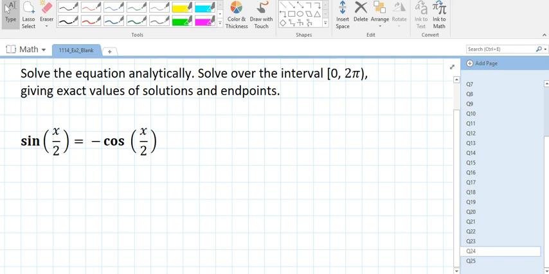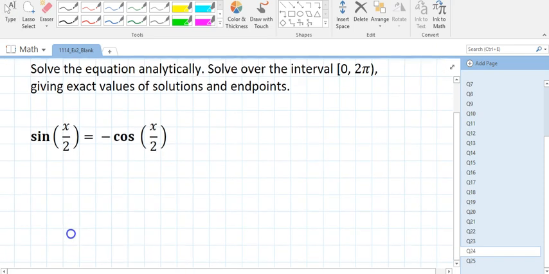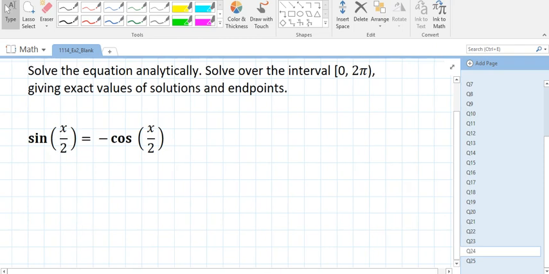Remember, there's a long way you can go about this one and a short way. All will get to the right answers. And of course, at the end of this one, we probably want to check the answers. I made a note of that in class: you might want to check the answers on this one.